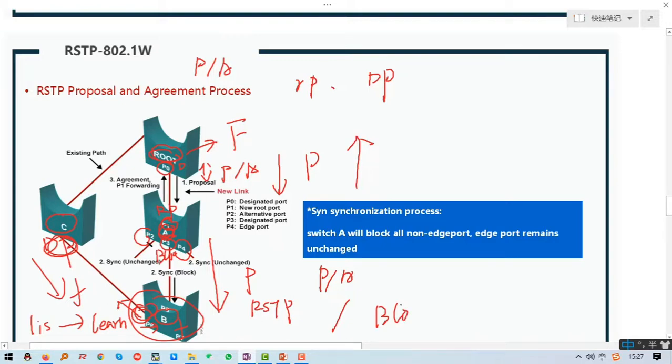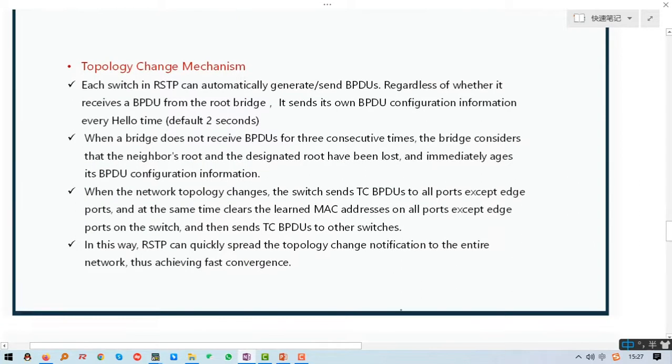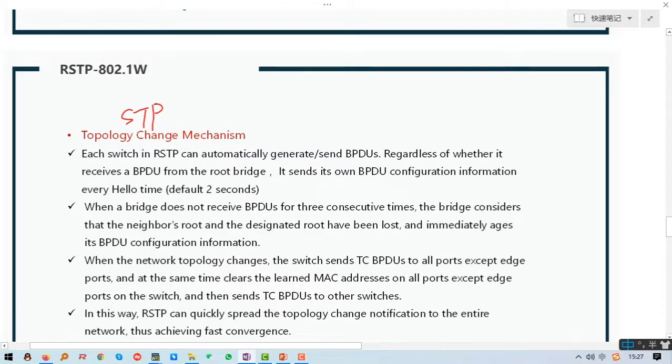So regarding the topology change mechanism in STP, when the root bridge is selected, the non-root bridge itself doesn't generate its own BPDU, but in RSTP, each switch can automatically generate and send BPDUs, regardless of whether it receives a BPDU from the root bridge.